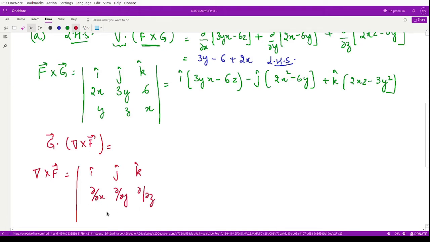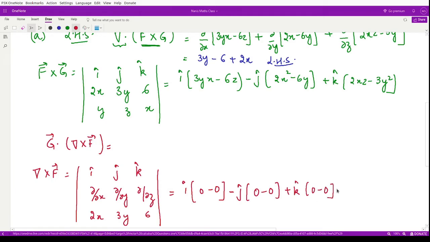We'll write the components for vector f, that would be 2x, 3y and 6, and then we'll compute this product. So that means it would be 0 minus 0. Why? Because we are to take the partial derivatives here. j cap 0 minus 0, and then k cap 0 minus 0. So eventually this vector del cross f is coming out to be the 0 vector, right?